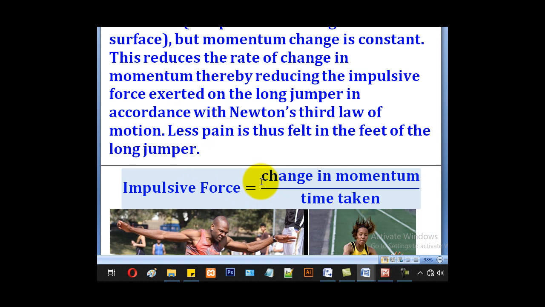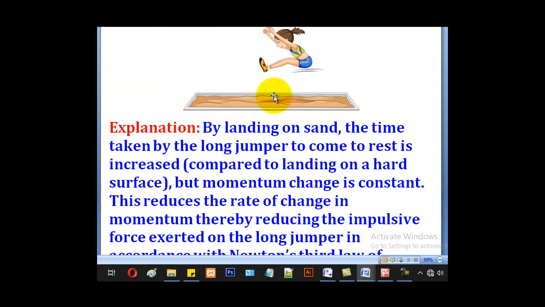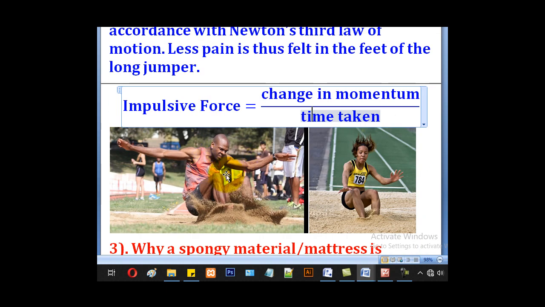Remember, impulsive force is given by change in momentum over time taken. So when the change in momentum remains constant but the time increases, the force will have to reduce because it is inversely proportional to time. And in that case, less pain will be felt in the feet of the long jumper. So basically, a long jumper lands on sand such that he feels less pain in the feet.